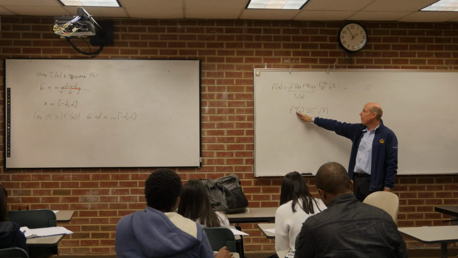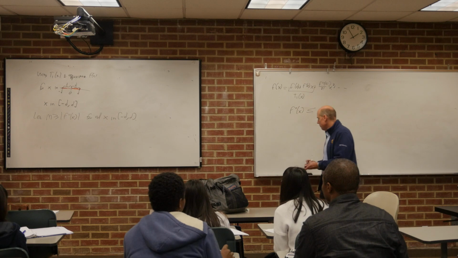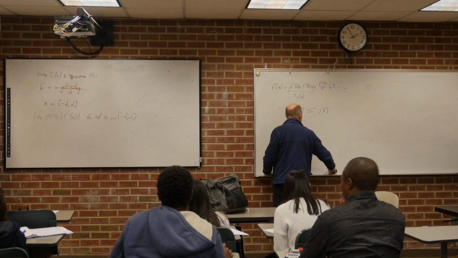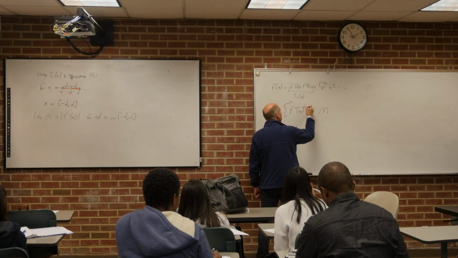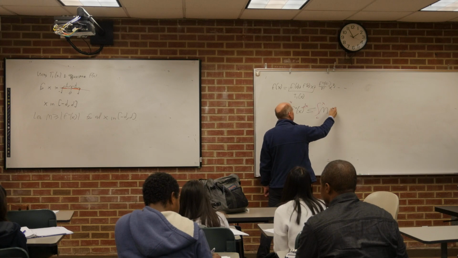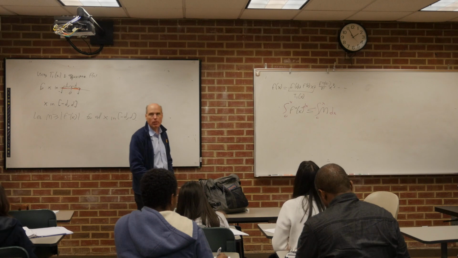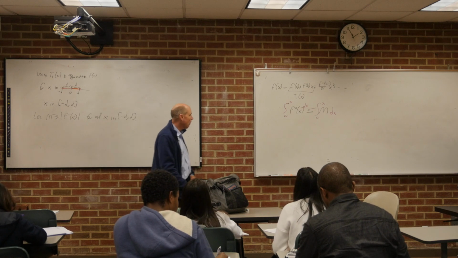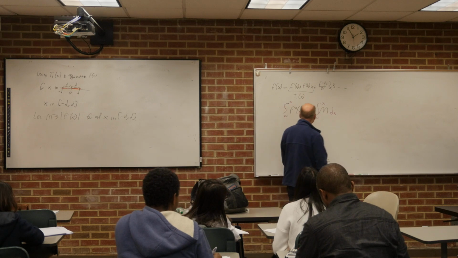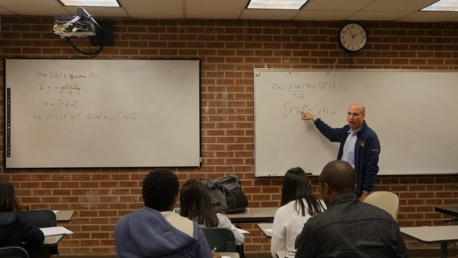T1 has an f prime with an f in it. So how do I go from f double prime to f prime? I integrate. So watch this. I'm going to integrate both of these from 0 to x. This is something that doesn't bother the engineers, but the mathematicians are bothered. I'm with the mathematicians on this one. Do you see that we're using the same variable to stand for two different things?